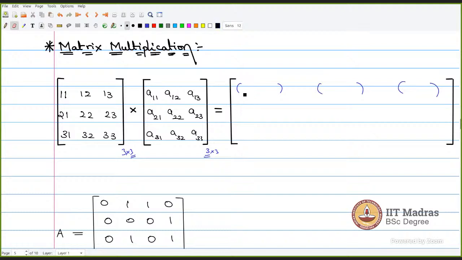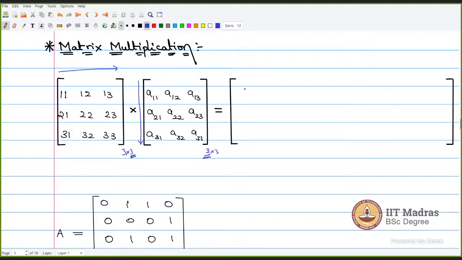Sorry, in the first matrix, the number of columns should be equal to the number of rows in the second matrix. So this must be equal to this, and this is how the multiplication goes.